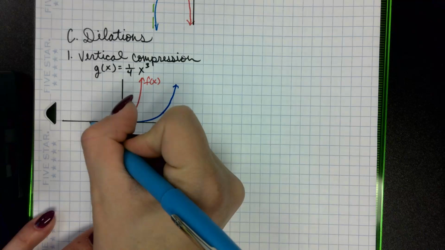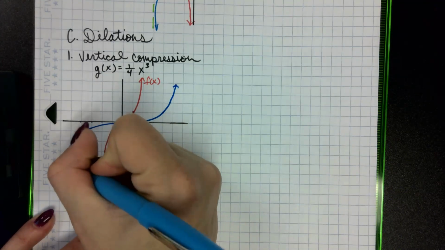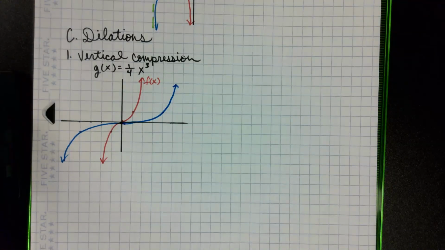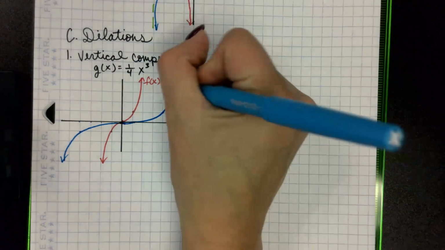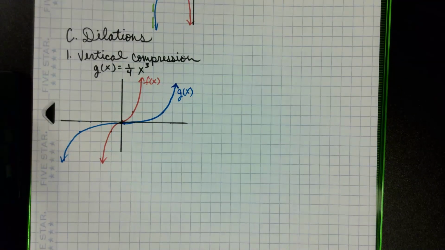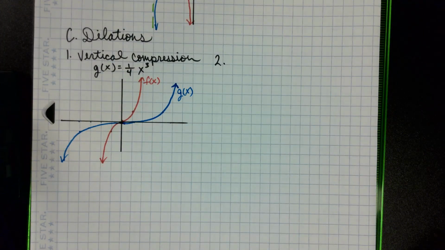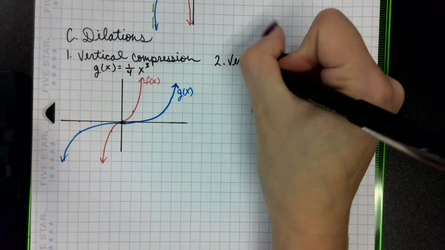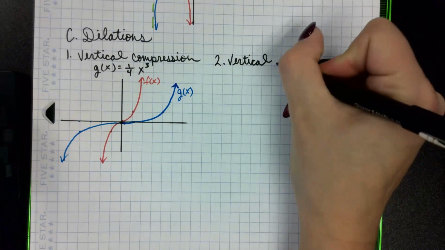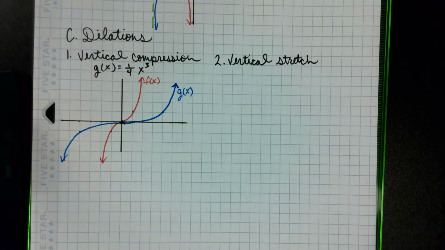And 1, 2, 3, 4, 1. And that is g of x. So along with vertical compression, we also have vertical stretch. This one is going to be g of x equals negative absolute value, and inside the absolute value bars, 4x.